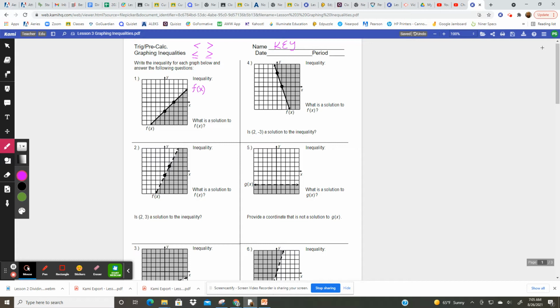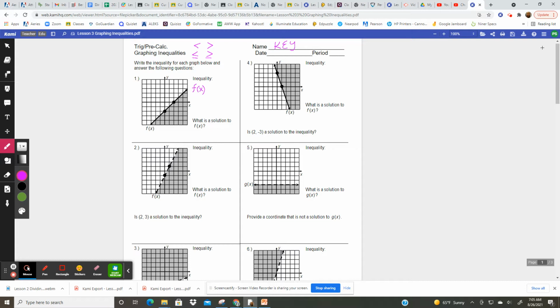If it's a solid line, then it's going to have the equals to, because it includes the line as part of the solution. If it was a dashed line like number 2, then it doesn't have the equals to. So I know it's going to be one of these two because it's a solid line.